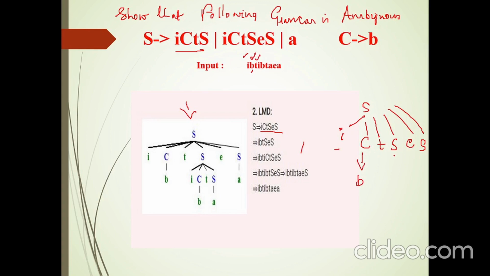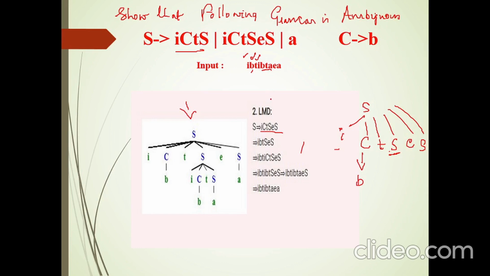Next I have to get IBT again, and this is E. So between T and E, this portion should give me BTA, because this will give me E. So between T and E you need to obtain IBTA.